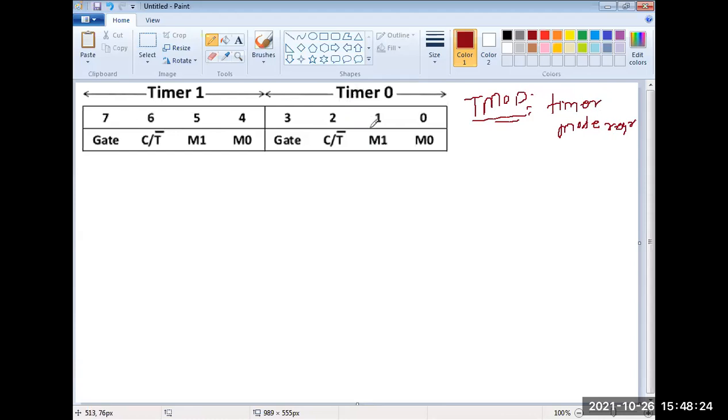Now these are SFRs. Total 8-bit size is there, and out of the 8 bits, 4 bits are for timer 0 and the next 4 bits are for timer 1. Draw this diagram. If you compare this example with the previous one, it is almost the same. Only the position of the image changes somewhat. The structure is almost the same.